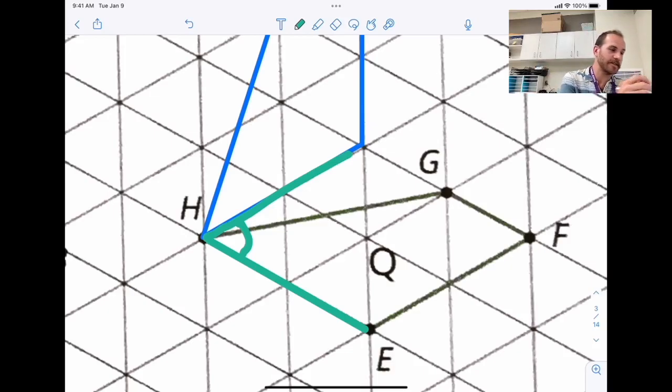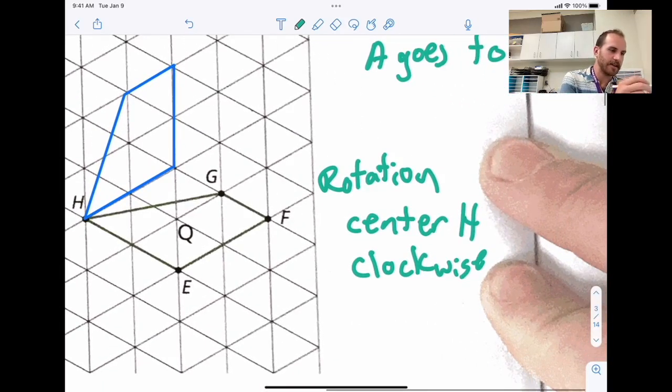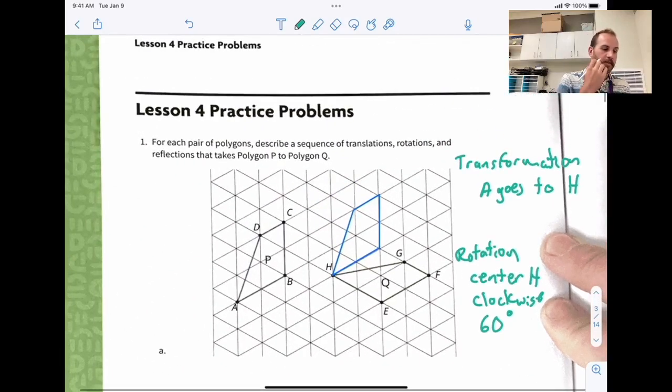If you said 60 degrees, you're absolutely right. It has to be 60 degrees because it's the same as the angles in the equilateral triangle. So I'm going to say counterclockwise by 60 degrees, and that will take you from P to Q. Okay, good work there.